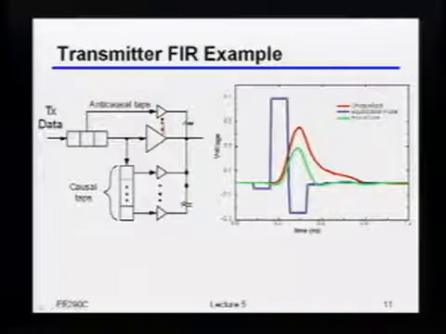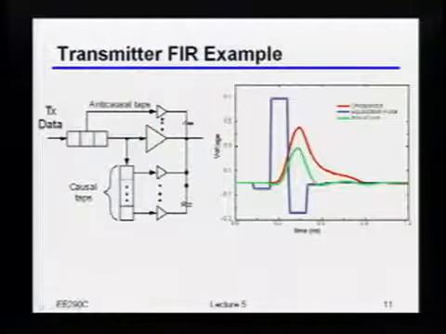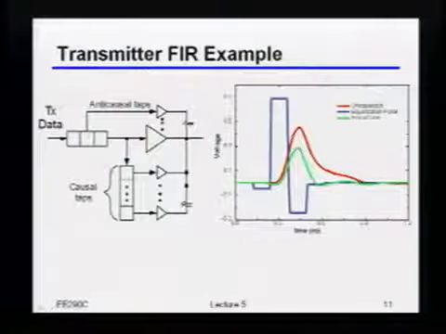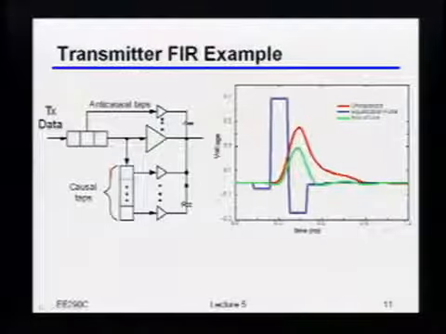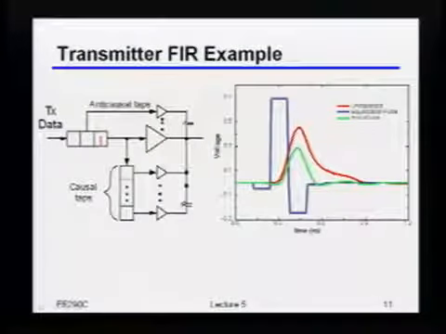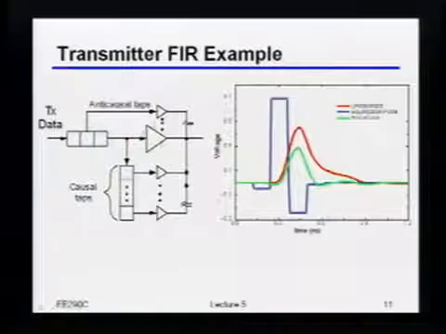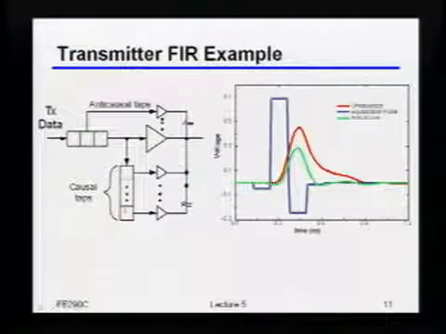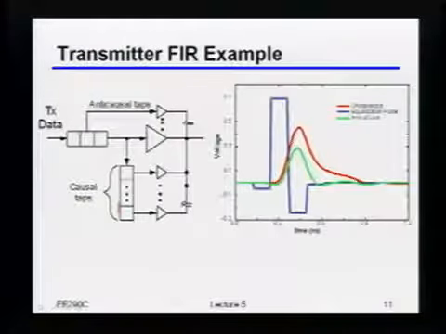Then you feed the inputs to each of those chunks from delayed versions of the digital data. Each of these boxes is just meant to be a flip-flop, so this is just a shift register. As an example, if this is my main data that I'm sending, then all of the stuff after here would be delayed versions, in terms of the taps.